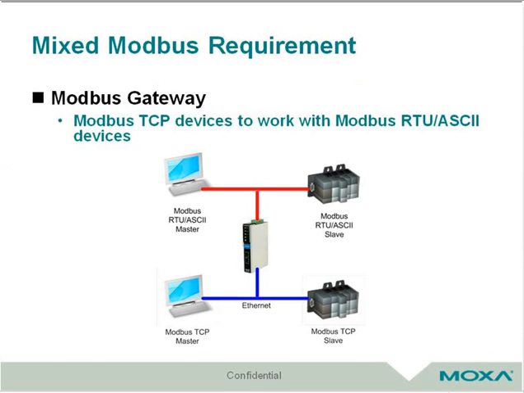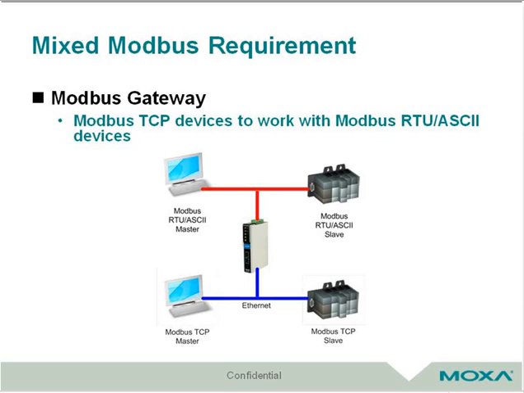After learning Modbus RTU, ASCII and Modbus TCP, do you find a problem? The message frames of Modbus RTU/ASCII and Modbus TCP are totally different. How could they communicate with each other? When you have this requirement, you will need a Modbus gateway.